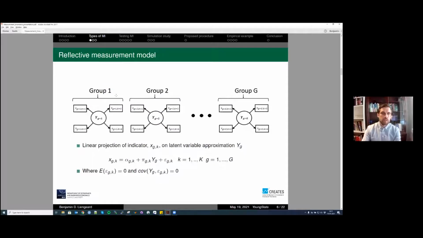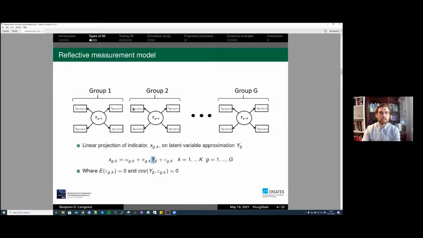Okay. So let's assume we have a specific construct and we have that construct measured between G different groups. The reflective measurement model can be written like this down here. So we have X, that is an indicator, that is an observed variable, and we have Y, which is the latent variable approximation to the construct. So we have different indicators that measure a specific construct.